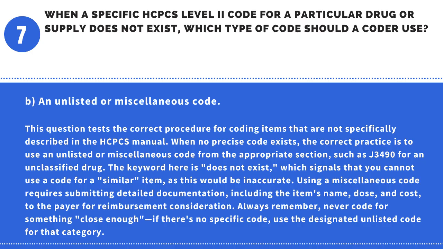Using a miscellaneous code requires submitting detailed documentation, including the item's name, dose, and cost, to the payer for reimbursement consideration. Always remember, never code for something close enough. If there's no specific code, use the designated unlisted code for that category.